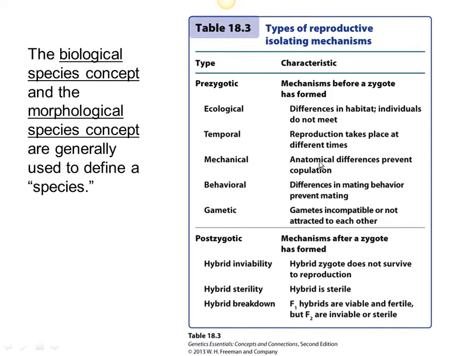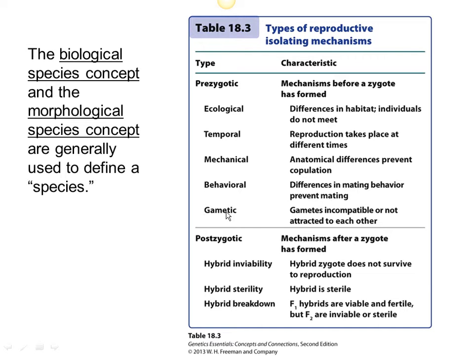Mechanical barrier is when anatomical differences prevent successful copulation. That means the anatomy of the genitalia doesn't fit together to give you a successful mating. Behavioral barrier is typically in animals where differences in mating rituals prevent two organisms from trying to mate.